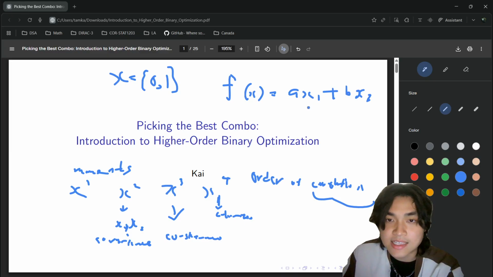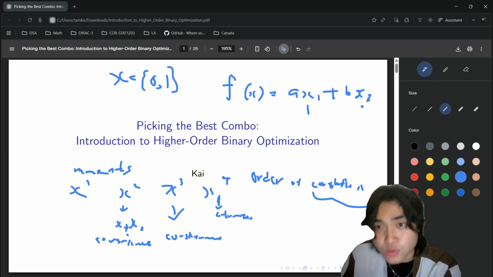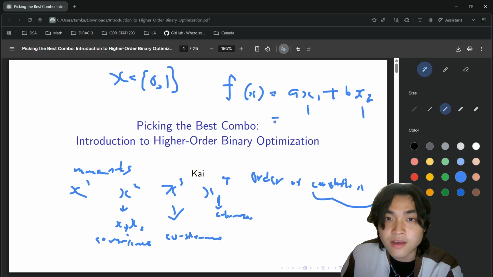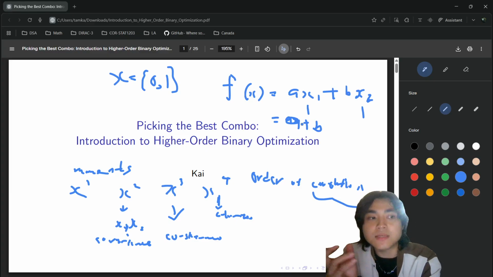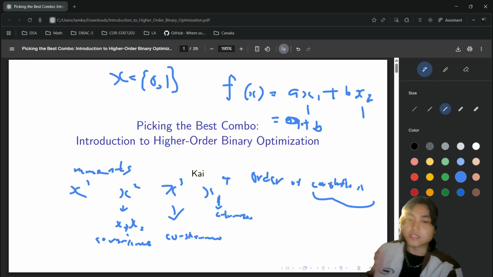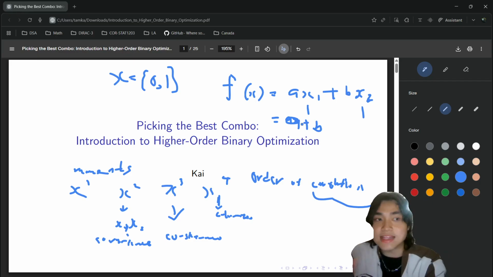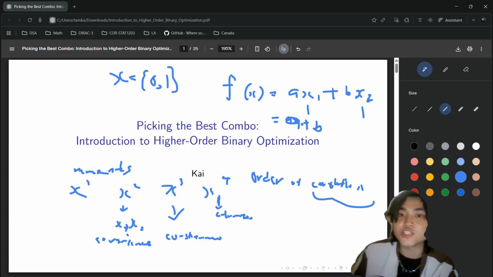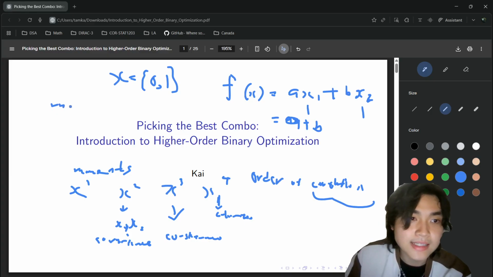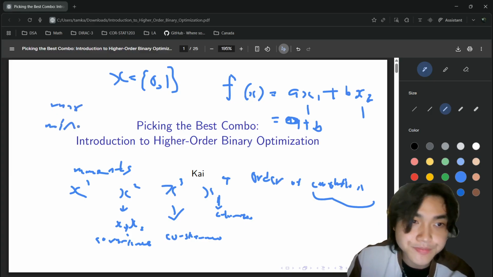Because in this case, if x1 equals 1 and x2 equals 1, then the objective function itself will be equal to a plus b. How the solver decides whether it is 1 or 0 is entirely based on the goal of our optimization itself, which is whether we want to maximize or minimize it.